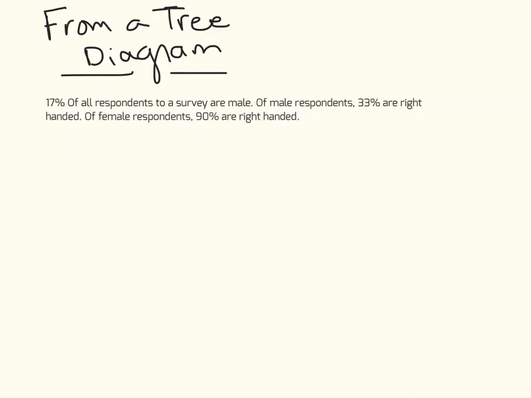So sometimes we want to do it from a tree diagram, and I'll show you how to construct a tree diagram. But 17% of all respondents to a survey are male. Of the male respondents, 33% are right-handed. Of female respondents, 90% are right-handed. So tree diagrams, basically, you have these decisions. The first break is if it's male or female.